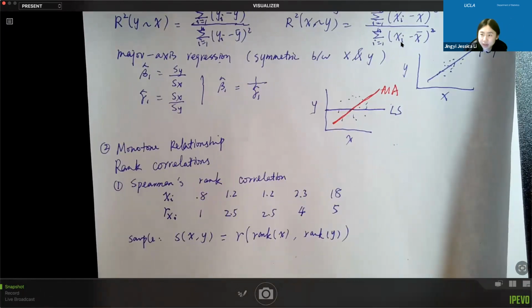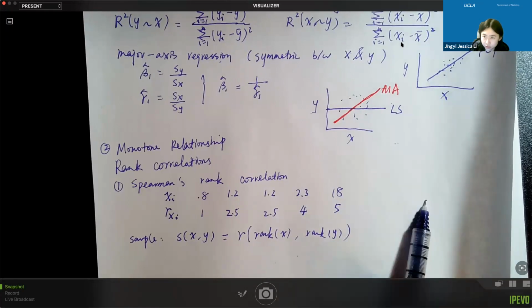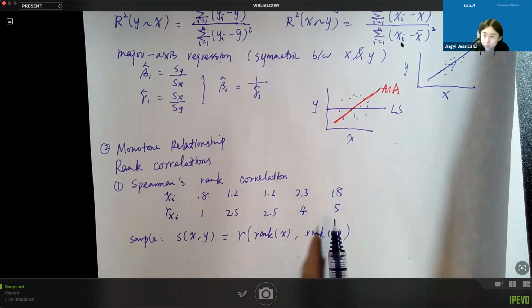You first convert values into ranks, and then you compute the Pearson correlation. That's it. So what's essentially being done is that you compress those outliers by just preserving their rank, but not their actual values. So no matter if you change 18 to 100 to 200 or even larger, its rank will stay as 5. So the Spearman correlation will not be affected, while the Pearson correlation will change.